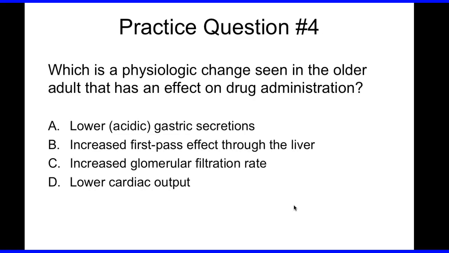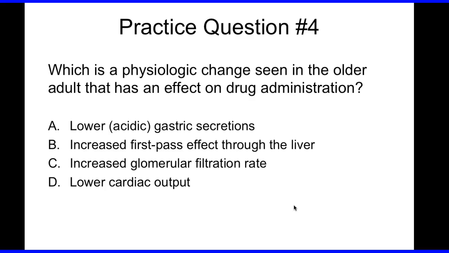Which is a physiologic change seen in the older adult that has an effect on drug administration? So we're looking at what happens in the body in the older adult, a physiologic change that has an effect on drug administration. So lower acidic gastric secretions. Okay, we'll keep that aside.